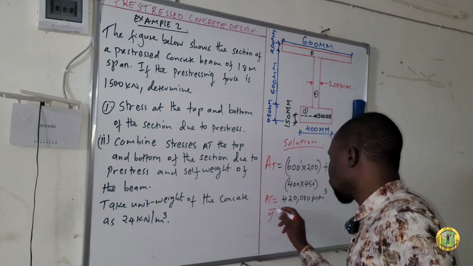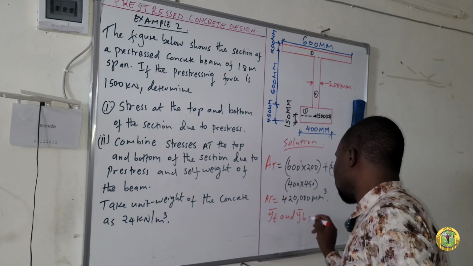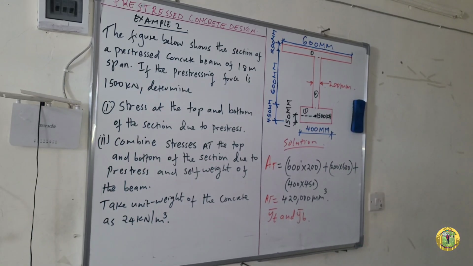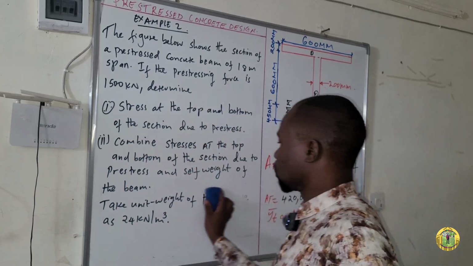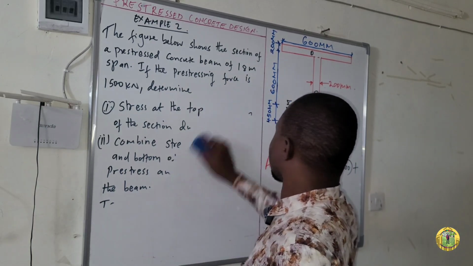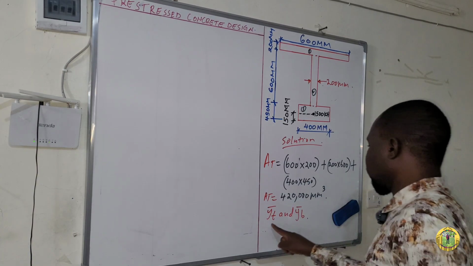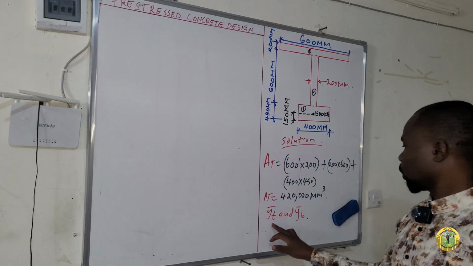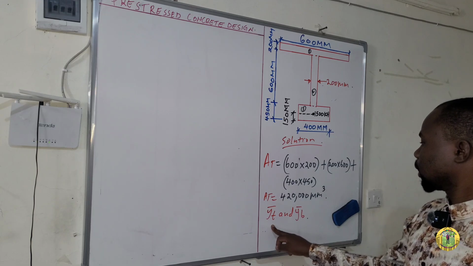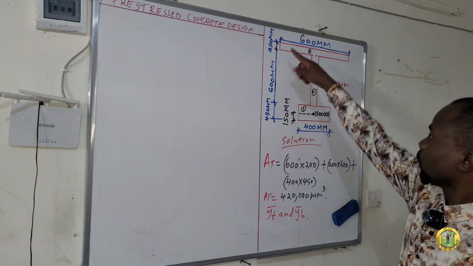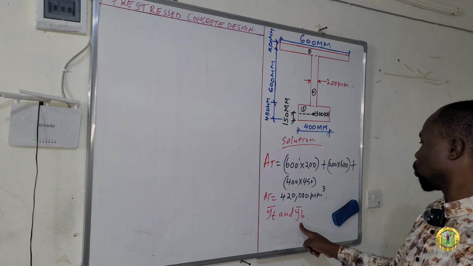So y bar top and y bar bottom. Allow me to clean here so that we can continue with our question. You can start with either y top or y bottom. If you start with y top, after getting y top, you will subtract the value of y top from the total height or depth of this section, and the result will give you y bottom.